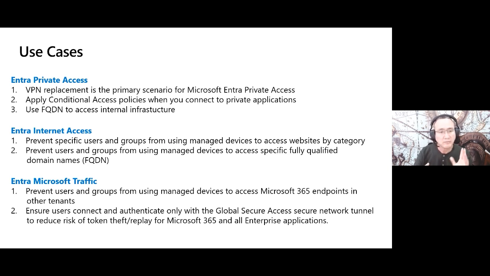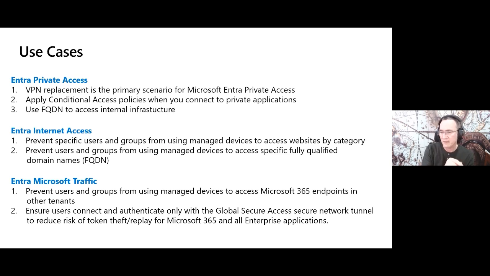Internet Access. Right now we have web content filtering, which is our GA solution. Basically, you can again identify users or groups, and specify what category of content you want to block: gambling, social networking, sports, whatever categories you want to use.